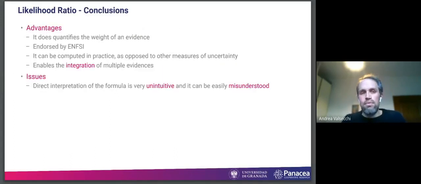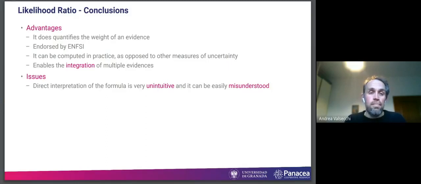Okay, so my conclusions about the likelihood ratio are the following. I think it works very well because semantically it quantifies perfectly the weight of an evidence. So in this case, this is a very good choice from the MFC. It has been endorsed by the MFC, which is an important thing, and it's a first step towards standardization.